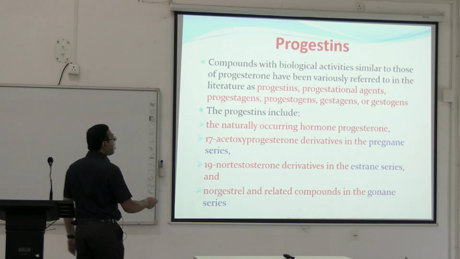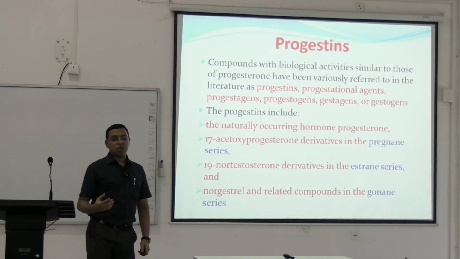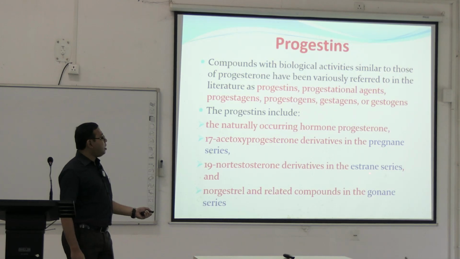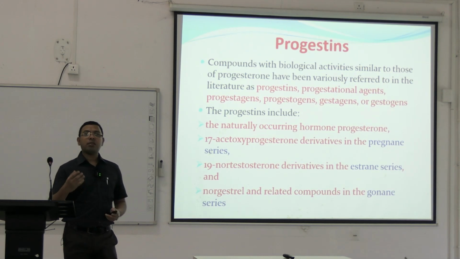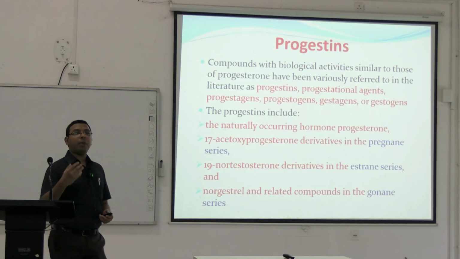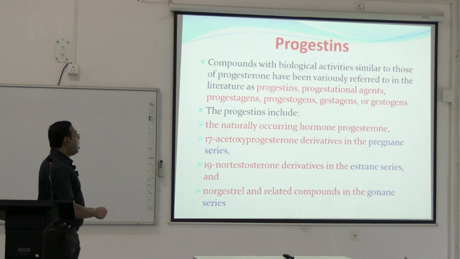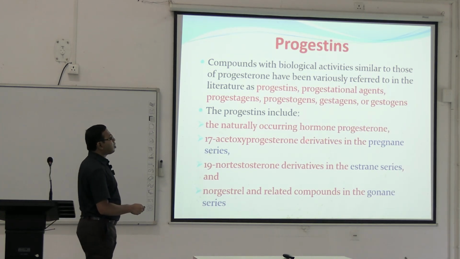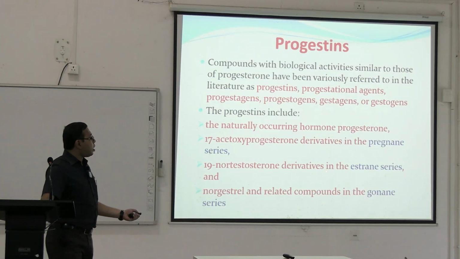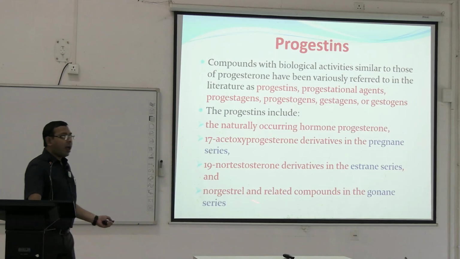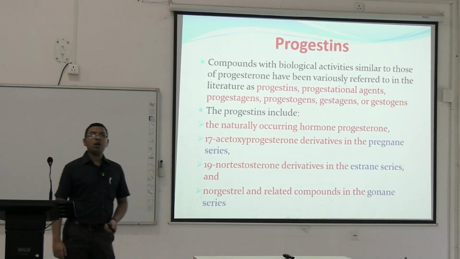Apart from the natural progesterone, there are different series of synthetic progestational compounds, like the pregnane, estrane and gonane series. There are some side chain changes, as well as the number of carbons in the compound, that dictate which group it ultimately falls in. Like 17-acetoxyprogesterone derivatives fall under the pregnane series, 19-nortestosterone derivatives fall in the estrane series, and some newer compounds like norgestrel and related ones fall in the gonane series.